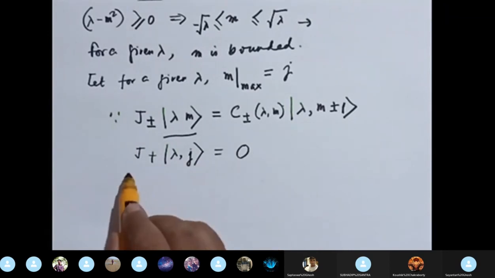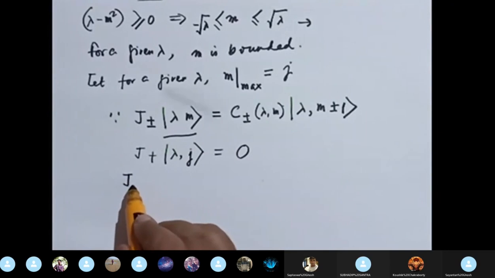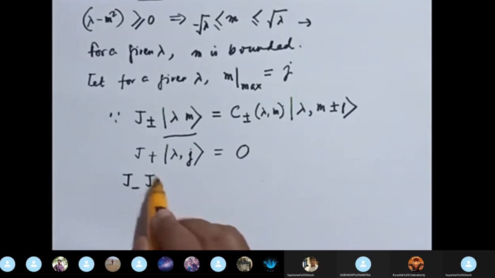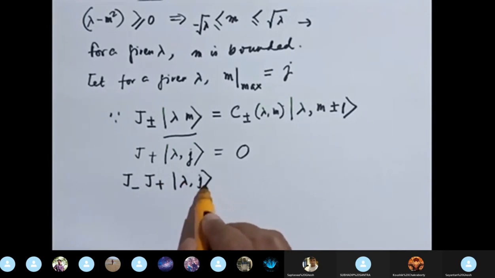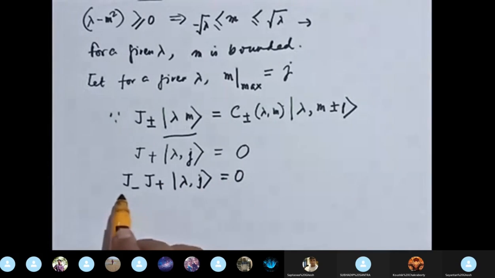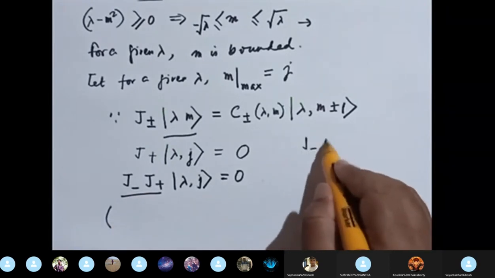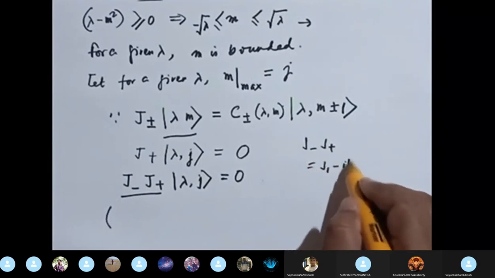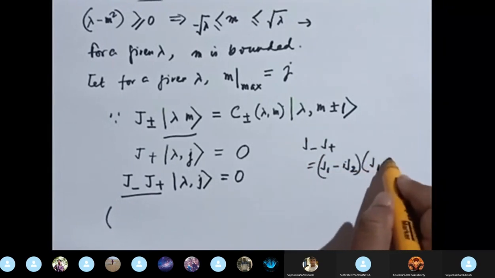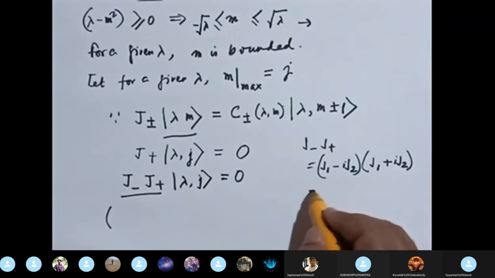Yes, sir. Now you apply J minus on this, so this is also 0. Now J minus J plus, this thing you write: J minus J plus is J1 minus iJ2 into J1 plus iJ2. What is this?